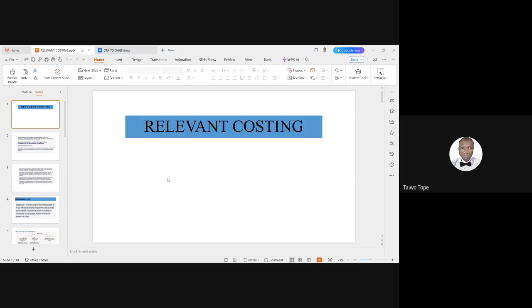So relevant costing is an interesting topic. Once you understand the basic concept and the theories behind it, it's not just a topic where you can use your mathematical knowledge to unravel it.